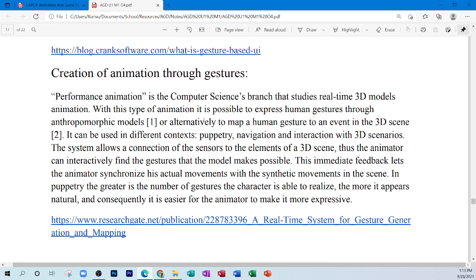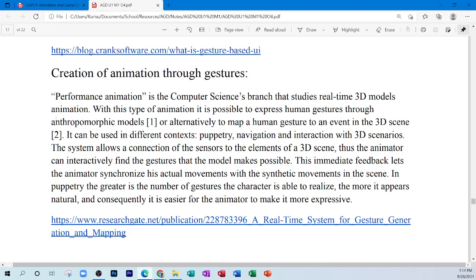So we don't have to do the actual animation of the character. The 3D model is going to do the movement. So that person is going to do the movement, and they map that movement to whatever character they are trying to create, or whatever scene they're trying to create. You guys get the idea?